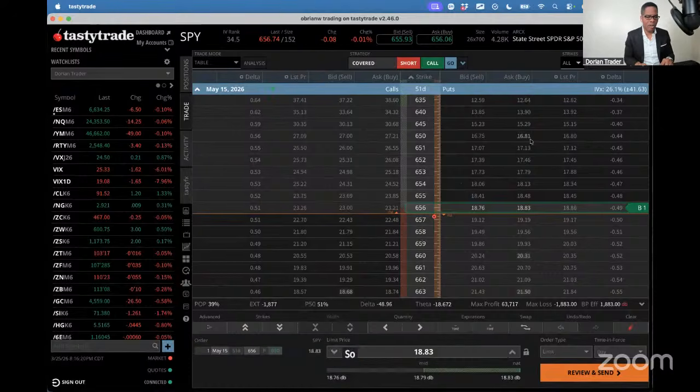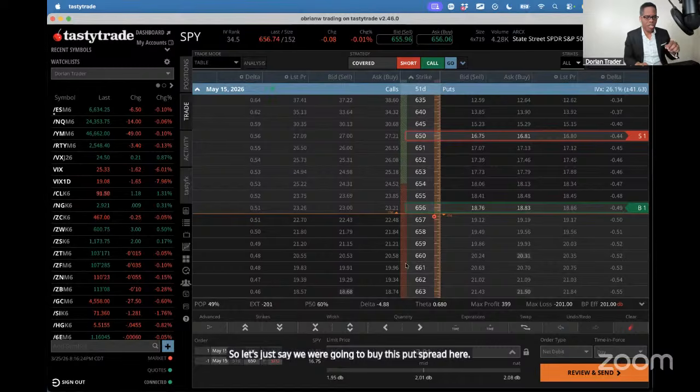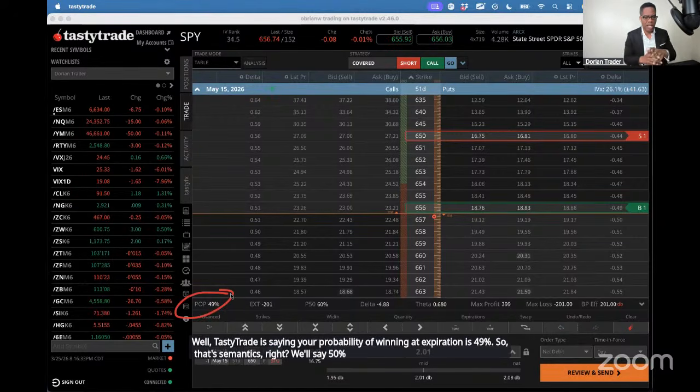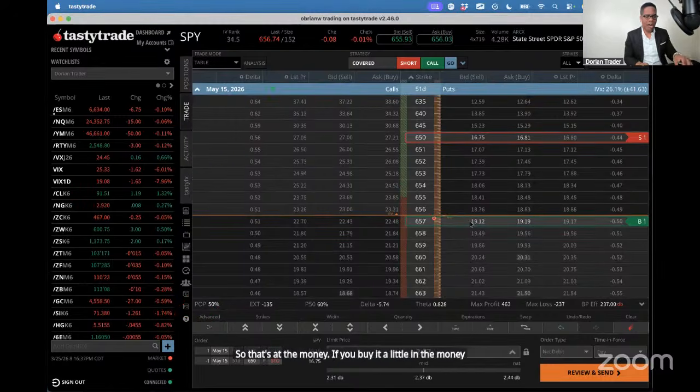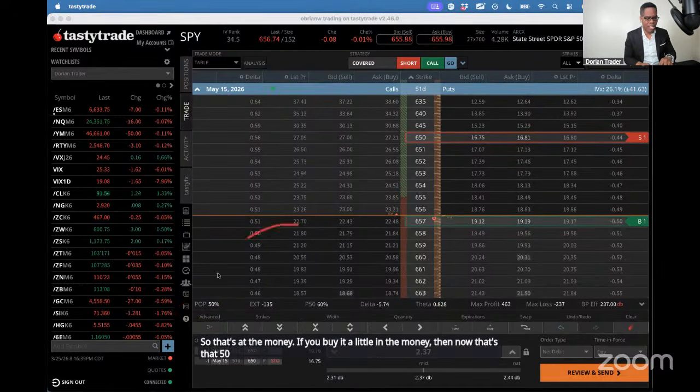So let's just say we were going to buy this put spread here. Well, Tasty Trade is saying your probability of winning at expiration is 49%. So that's semantics, right? We'll say 50% chance. So that's at the money. If you buy it a little in the money, then that's that 50% chance that you have here. Tasty Trade is saying that delta right here is 50% chance at expiration.